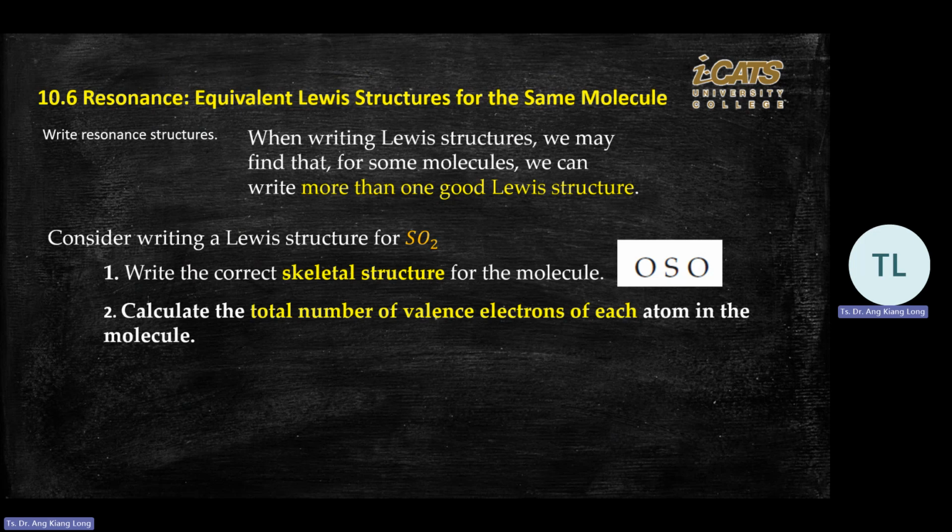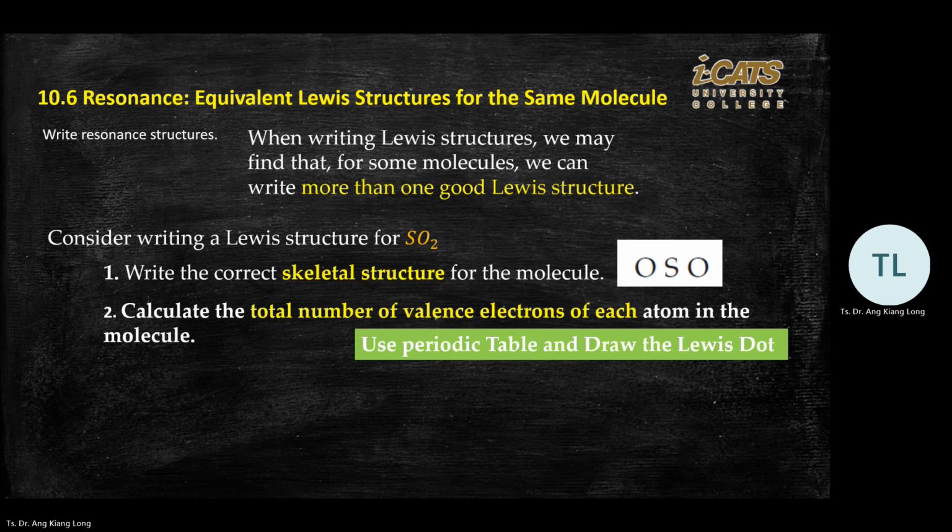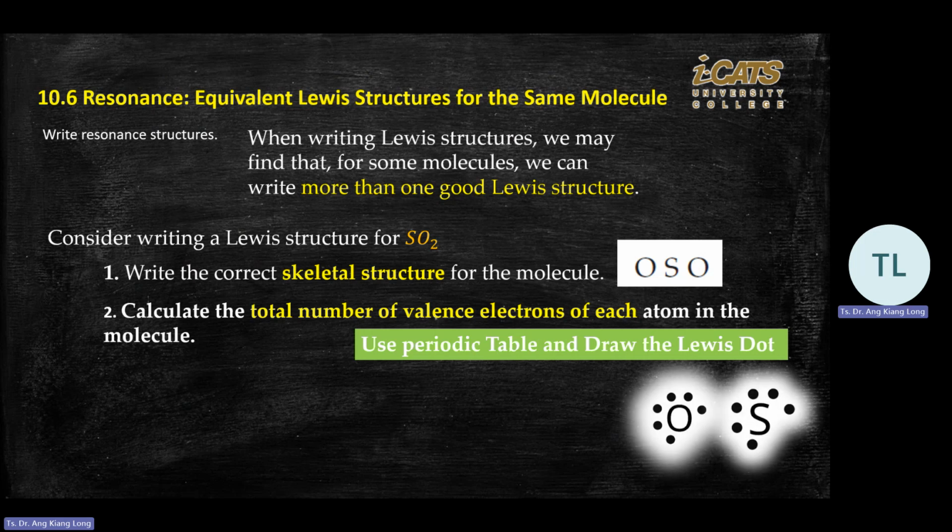Second one, total number of electron. So 6 multiply 3, you got 18. Sulfur 6, you write the equation. Total of valence electron equal number electron in sulfur plus number electron in oxygen, like what you did in the previous session. Okay. So again, this is just a reminder.